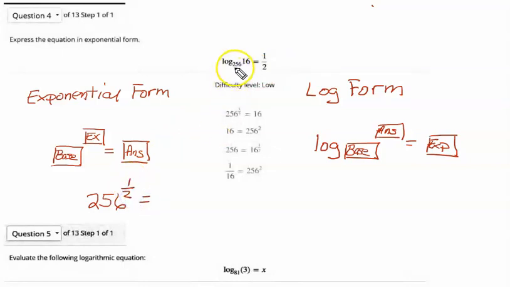And what is our answer? 16. And I'm going to take a moment now just to show you something, that whenever you have a base to a 1/2 exponent, think of this as the square root of 256. And it works like so.